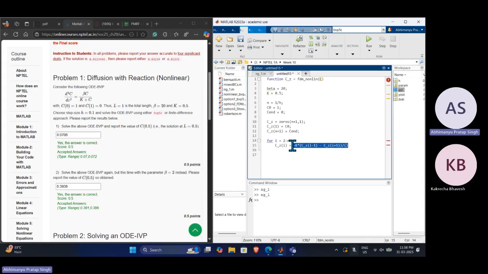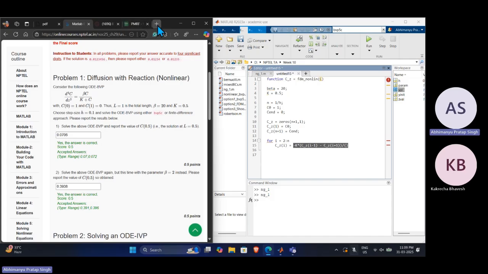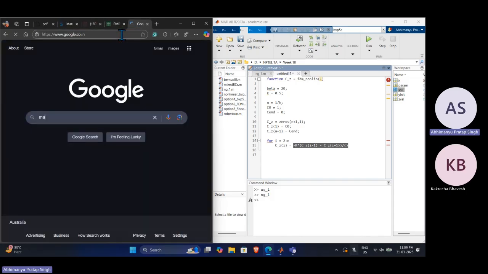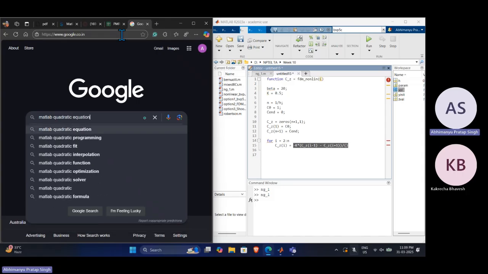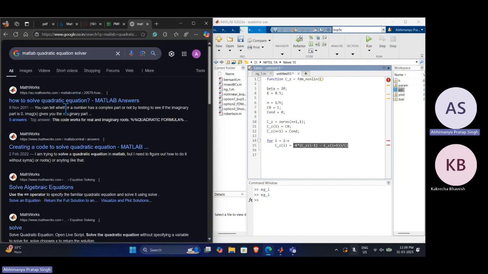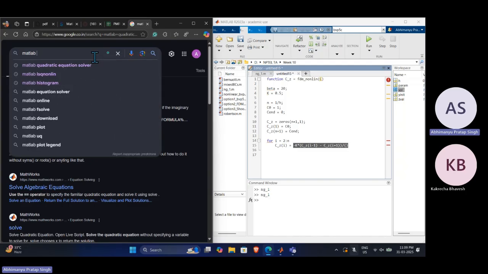So that should be MATLAB. I think the vector is roots.